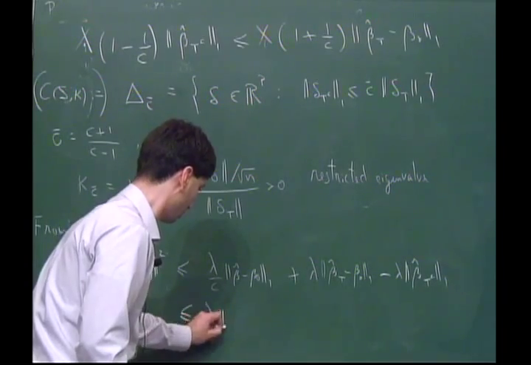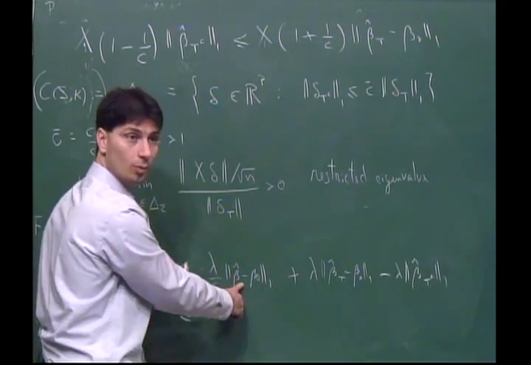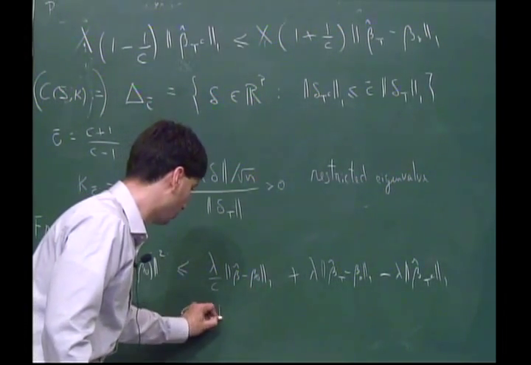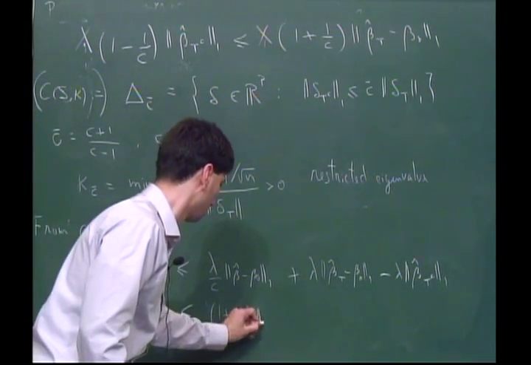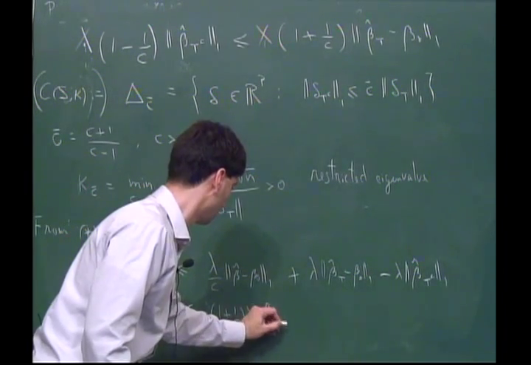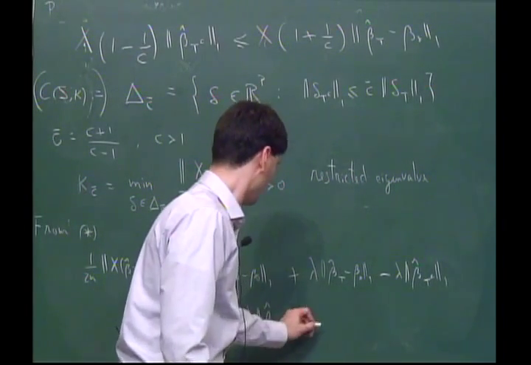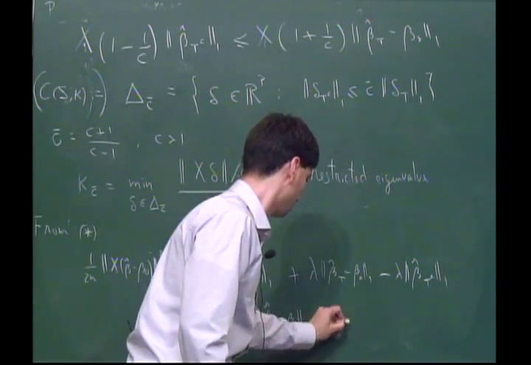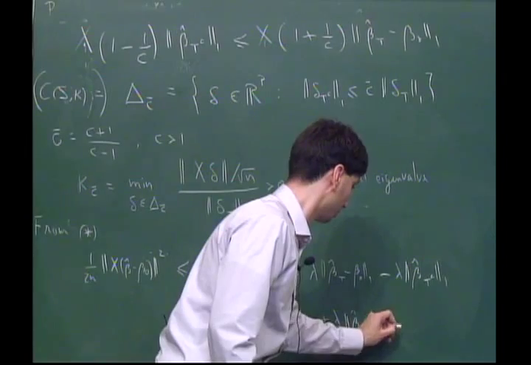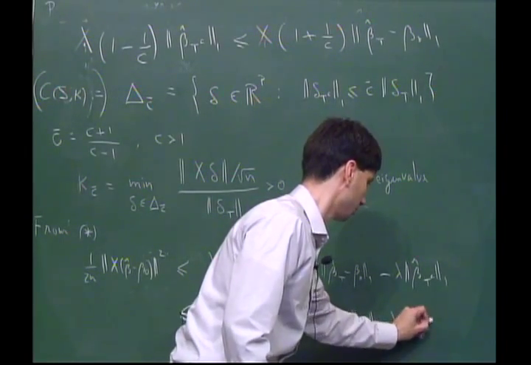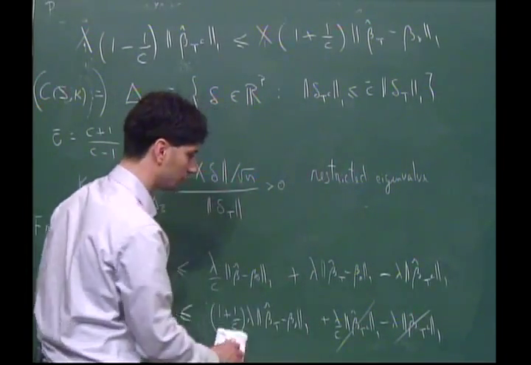These are going to split into two terms, one in the true support and one outside the true support. That gives me (1 + 1/c) lambda times the L1 norm of (beta hat_T minus beta naught), plus lambda over c times the L1 norm of beta hat_T complement minus lambda times the L1 norm of beta hat_T complement. And this cancels out. Essentially, I can majorate that by 0.